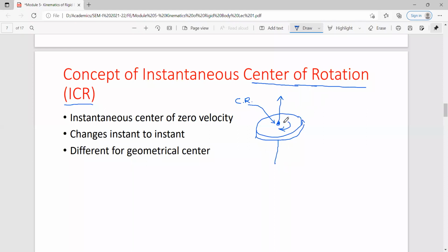Similarly, we also know that the center of rotation may also lie away from the body which is rotating.